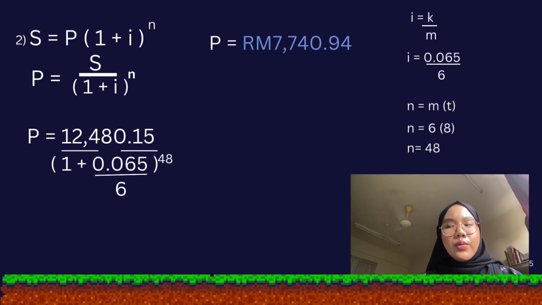That's the answer for question 1, using the formula S equal to P(1 + i)^n. But for question 2, they ask for the value of P. So, we have to convert that formula to P equal to S per (1 + i)^n. It's the same as the question before.